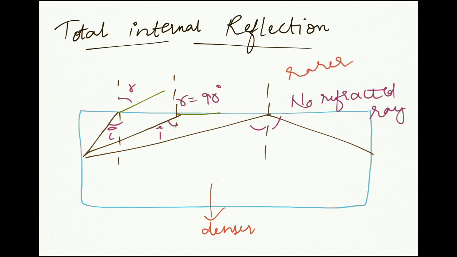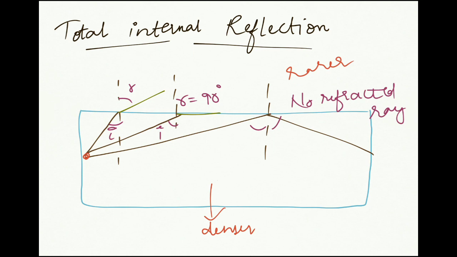This is very important, and this ray of light is traveling from the optically denser medium. I am assuming that it is traveling from here and that is the ray. As it is coming from the optically denser medium to optically rarer medium, this is the rarer medium, and it gets reflected into optically denser medium at the surface of separation.